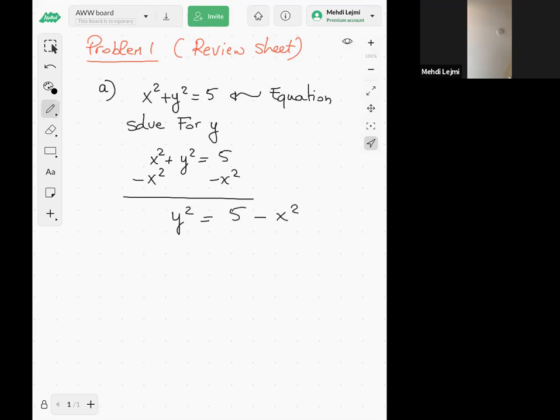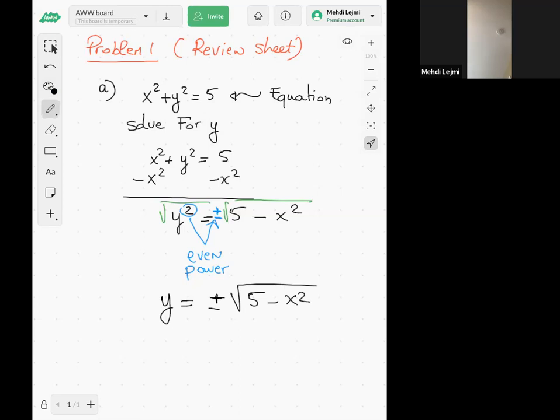Then apply the square root to both sides. Just be careful, because this is an even power, then you're going to need a plus or minus here. So your y is actually plus or minus the square root of 5 minus x squared.